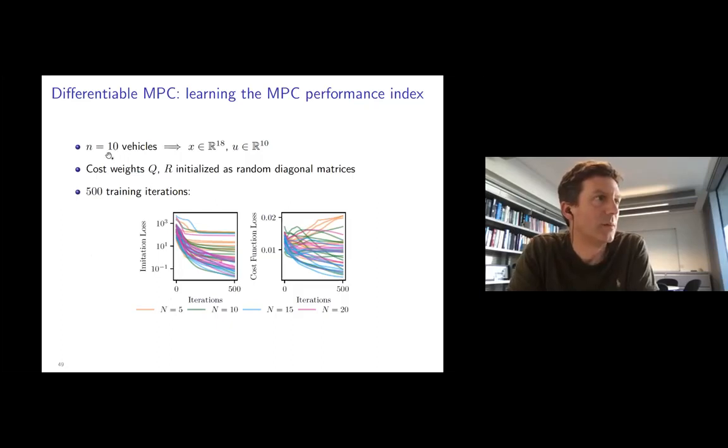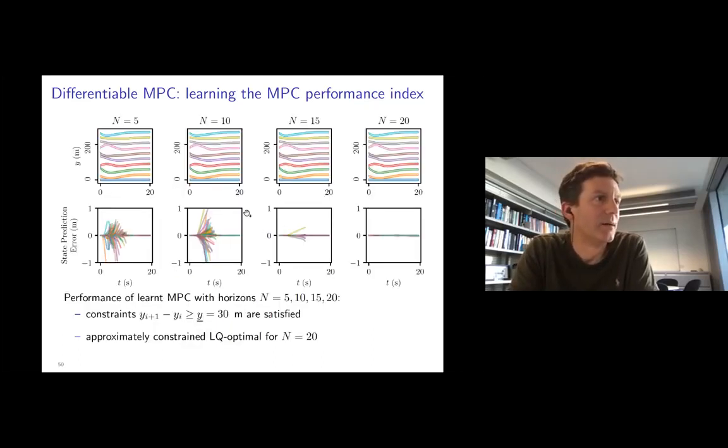And so we applied this for 10 vehicles, and we optimized the quadratic cost weights in a robust linear MPC scheme. And we found that we could get the ideal constrained LQ performance with 20 time steps in our prediction horizon.